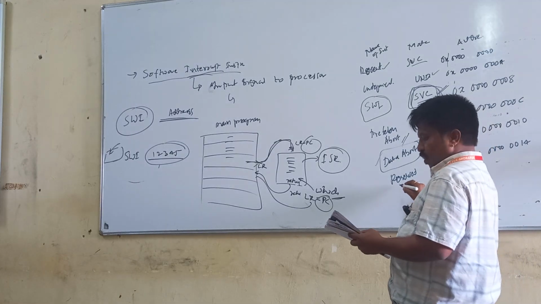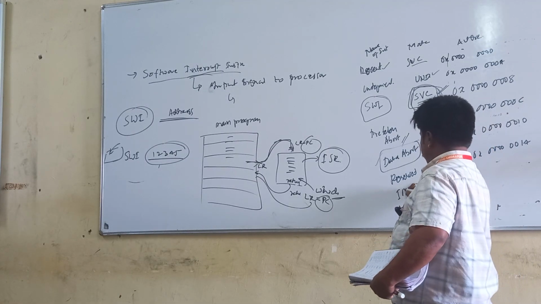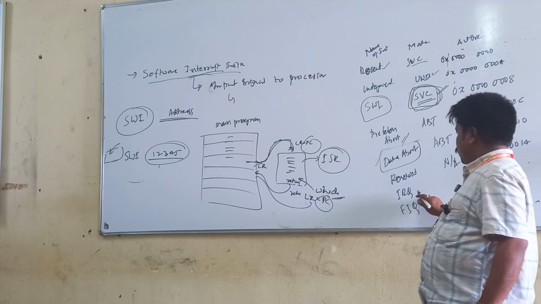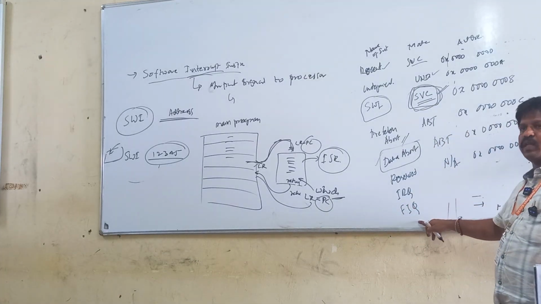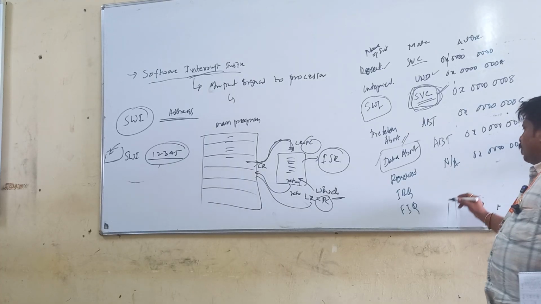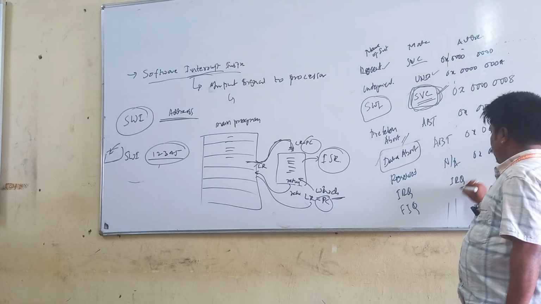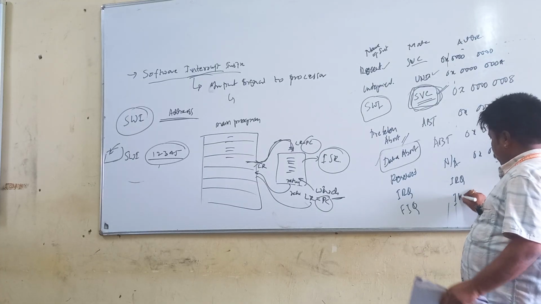Next we have the IRQ and also the FIQ. IRQ is nothing but the interrupt request, and FIQ is the fast interrupt request. IRQ moves the processor into the IRQ interrupt mode.